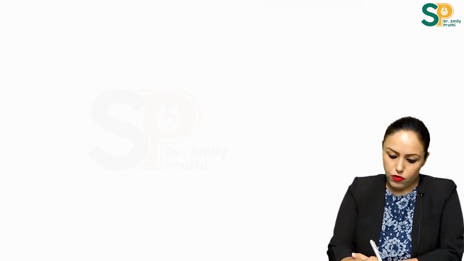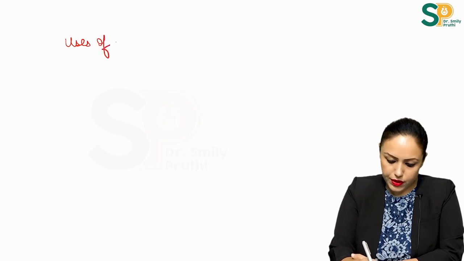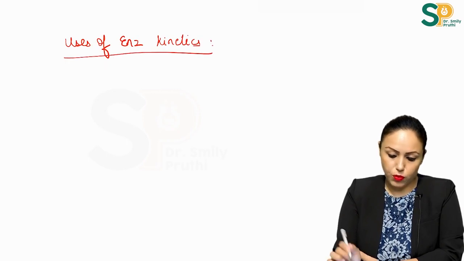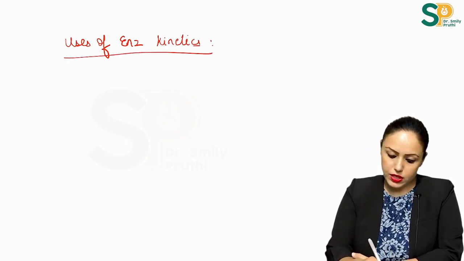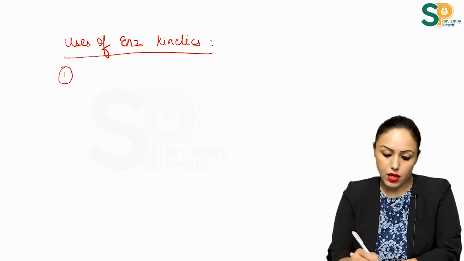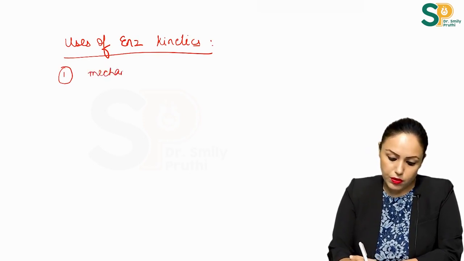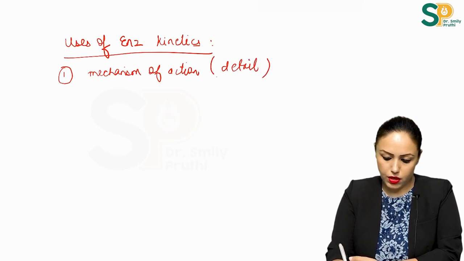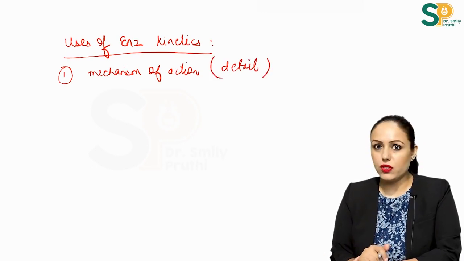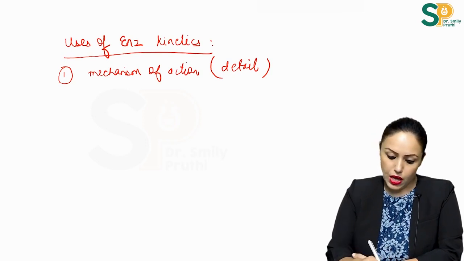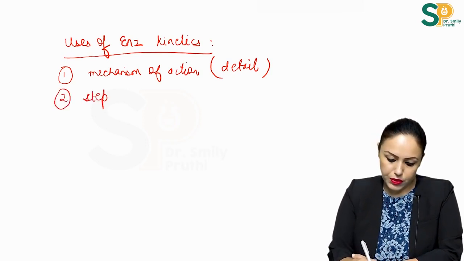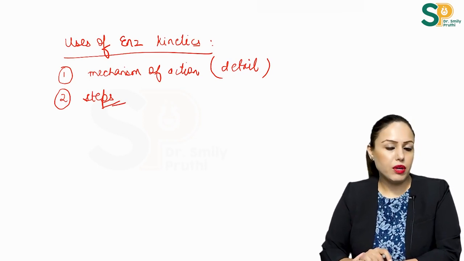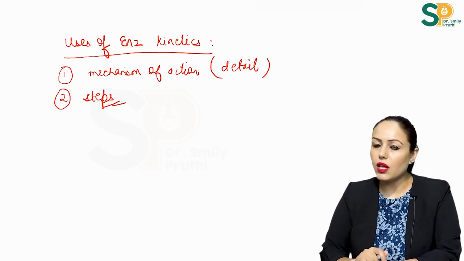Now, let's see what are the uses of enzyme kinetics. That is why we study this topic. Because when we study enzyme kinetics, then we get to know the detailed mechanism of action of enzyme, and also multiple steps which are involved in the enzymatic reaction, that also can be studied and known.